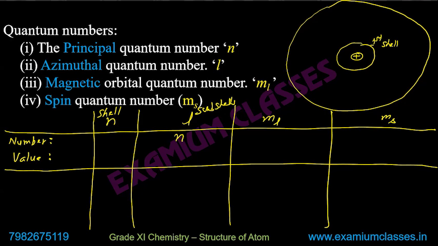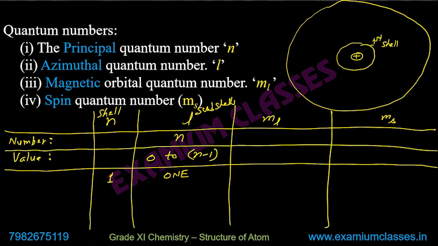So if n is 1, how many subshells will be there? 1. But the value will be from 0 to n minus 1. In this case, n minus 1 is 1 minus 1, that is 0. It means there will be 0 only.